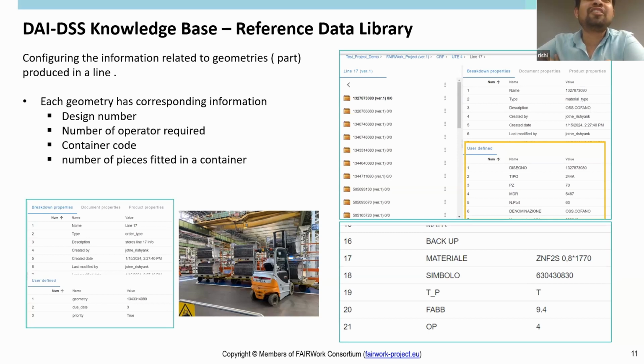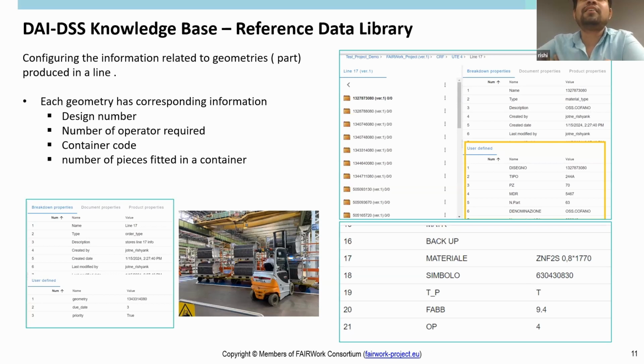So this kind of information is necessary to be there in this knowledge base, such that if you want to produce a certain geometry in a line, we need to know how many operators are required. You can see on the right-hand side at the bottom that OP is operators required. That is, 4 operators are required at the end of the line to carry this geometry and place it in the container. So this kind of information about each geometry is required.